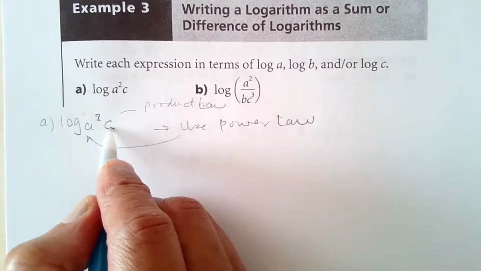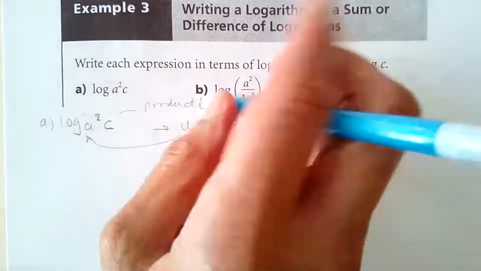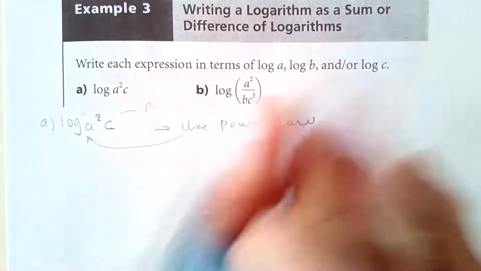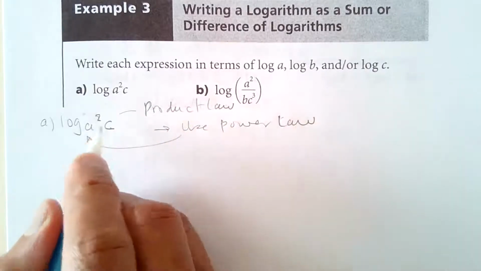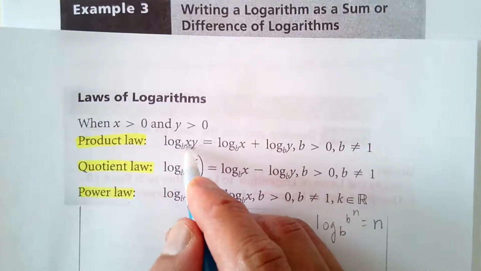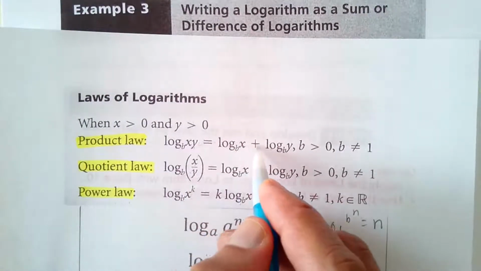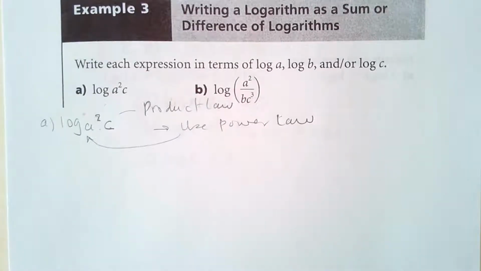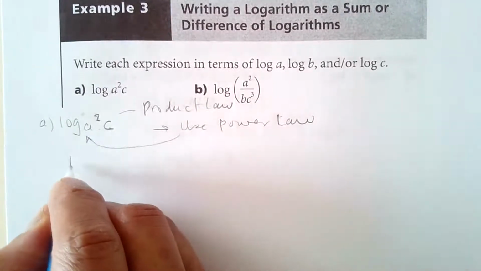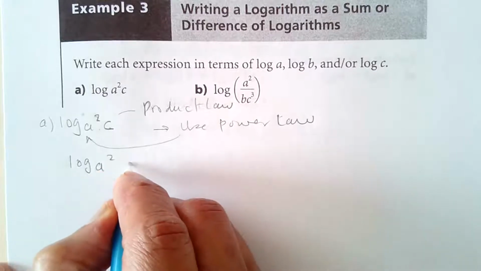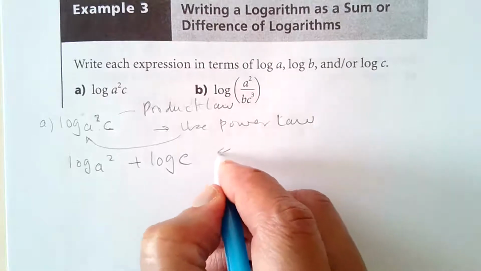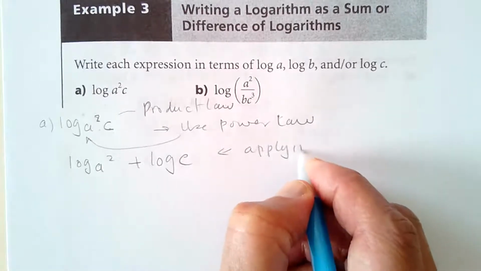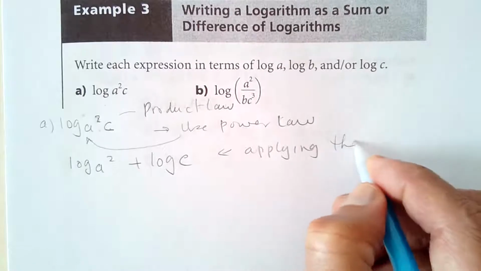So first we want to apply the product law. Remember the product law: log base b of xy is equal to log base b of x plus log base b of y. So we break this apart and we'll have log of A squared plus log of C. So this is applying the product law.